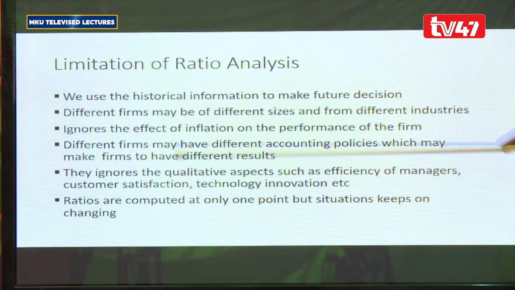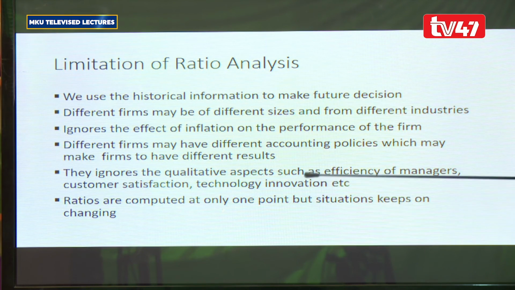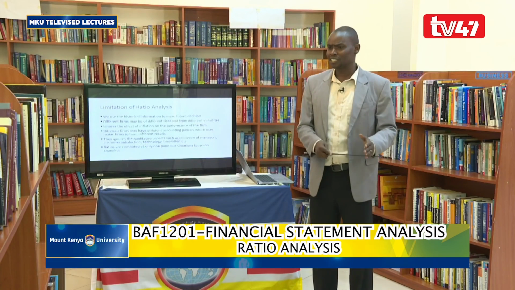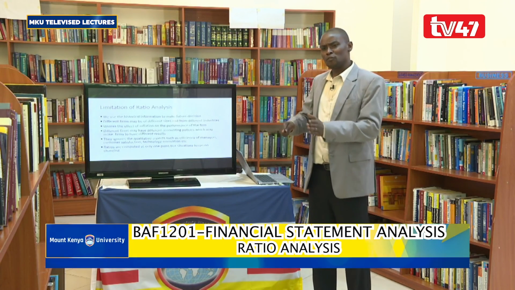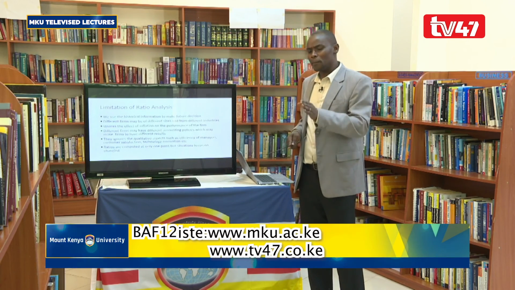The last thing we have: ratios are normally computed at one point, but the situation may keep on changing. So we compute the ratio in the month of December, or we want to compare the total assets that you have at a certain particular time as compared to the amount of sales.